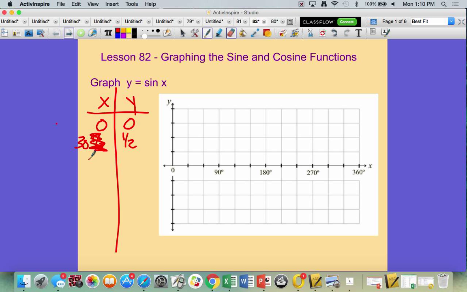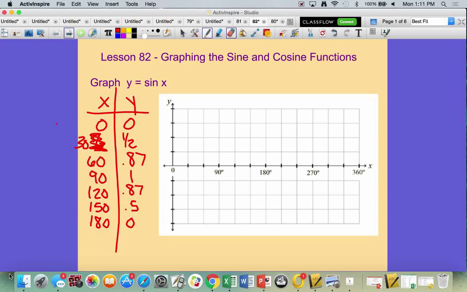Say I plugged in a 60 for x, I believe you'd get 0.87 for y. If I plugged in a 90 for x, I'd get 1. 120 for x, I'd get 0.87. 150 for x, I would get 0.5, 180 for x, I would be back to 0.